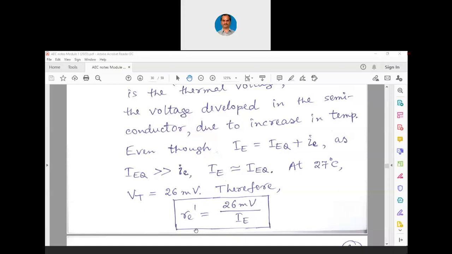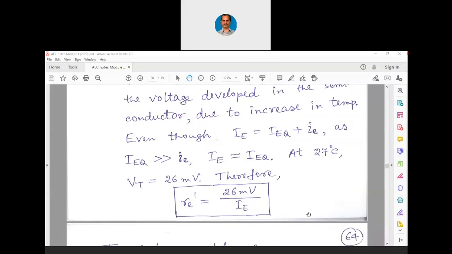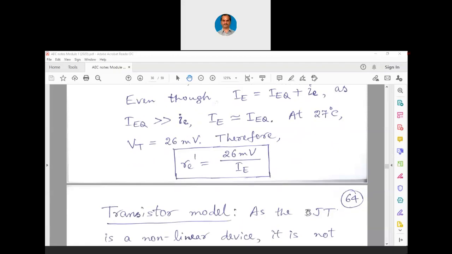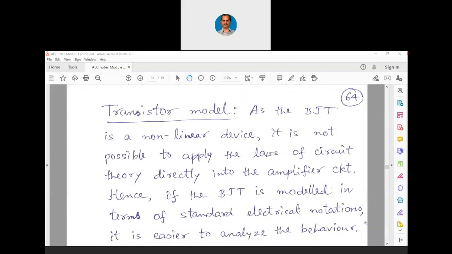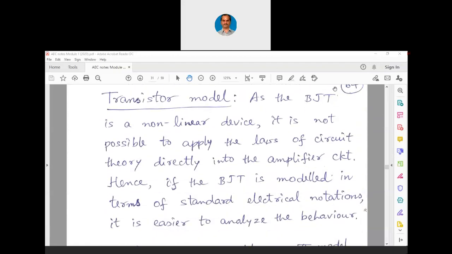Using this RE dash, now we will write a model for the transistor. I will be discussing how we write a model for the transistor now. Let us discuss the transistor model. As the BJT is a non-linear device, it is not possible to apply the laws of circuit theory directly to the amplifier circuit, as I have already told you in detail earlier.